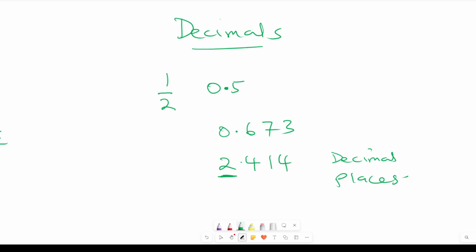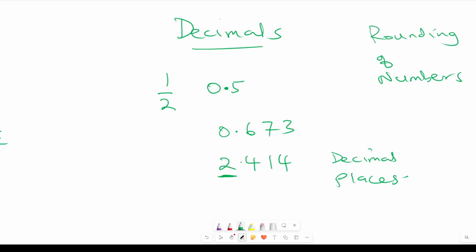So when it comes to decimal points, I have another lesson where we will be looking at them in detail. Decimal points will help us to do what we call rounding of numbers. So we'll come to rounding of numbers. So look out for that lesson later on.